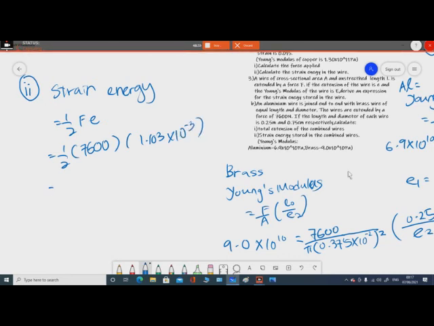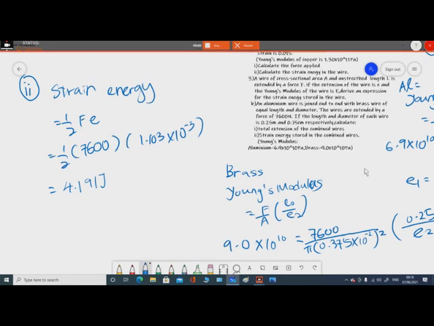So the final answer we get is 4.191 joule. Okay, let me check whether the answer is correct.